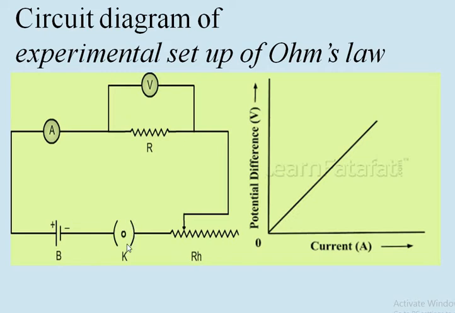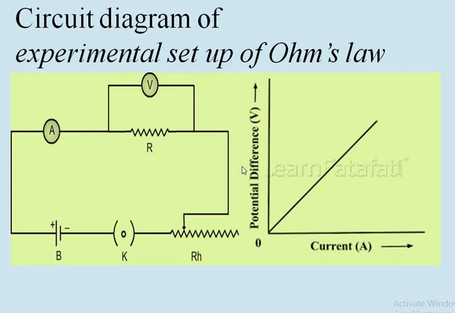So, as we have talked in the beginning of this video, if we increase or change number of cells, or here we can increase the value of resistance in the rheostat also to get the different values of voltmeter and ammeter.